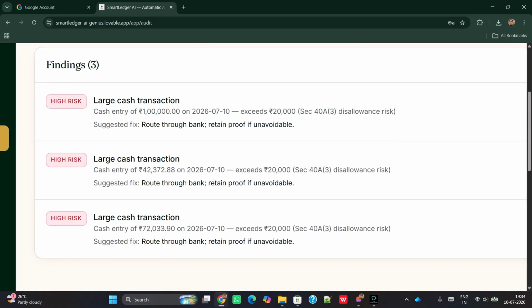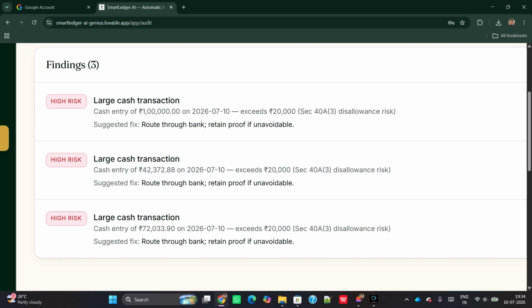So here we can see first a high risk, large cash transaction, as we have introduced the cash of 1 lakh rupees. But according to section 40A(3), this is a risk, means the cash should not exceed 20,000. If the cash exceeds 20,000, it should be done through bank.